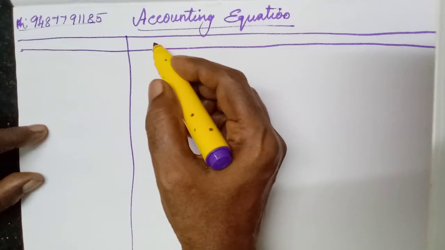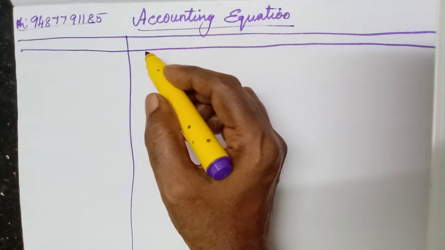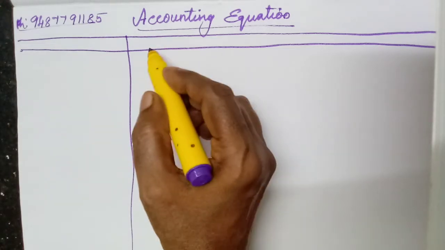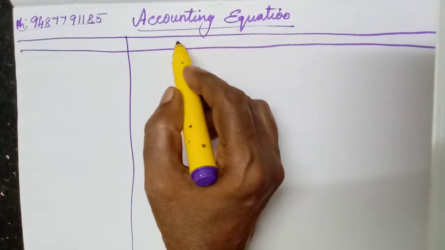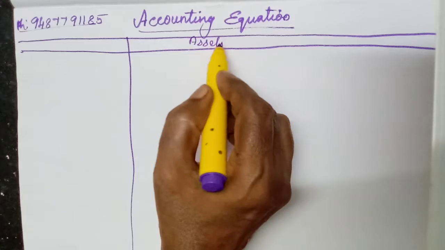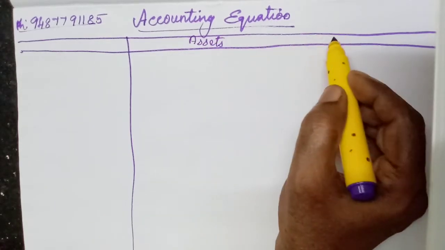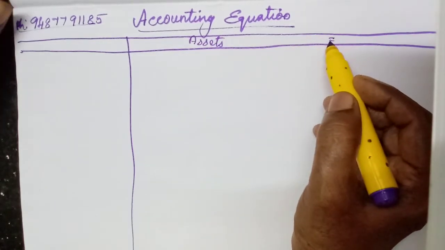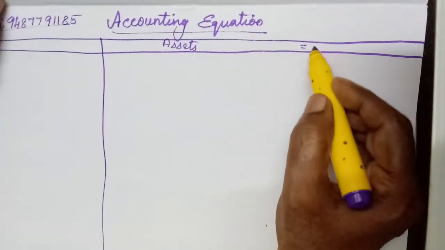Then around 4 columns for assets we can write. Assets is equal to liabilities and capital, then 3 columns are enough.